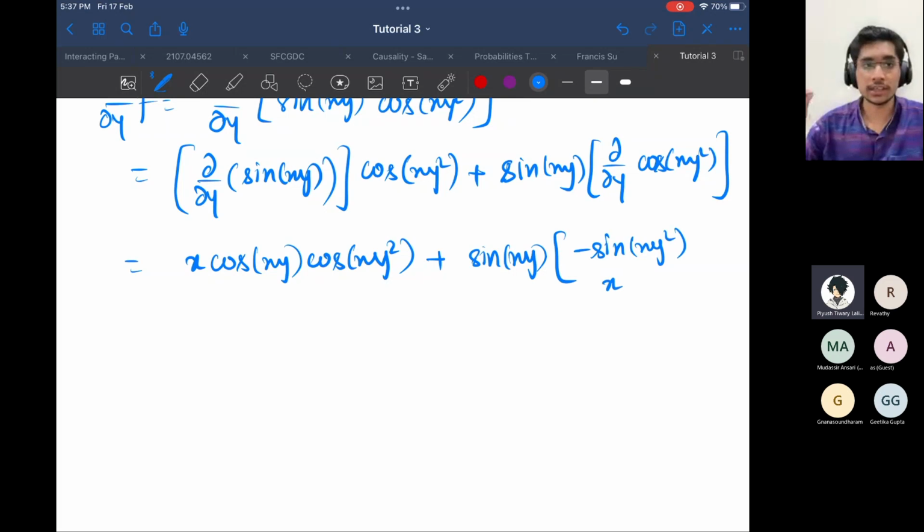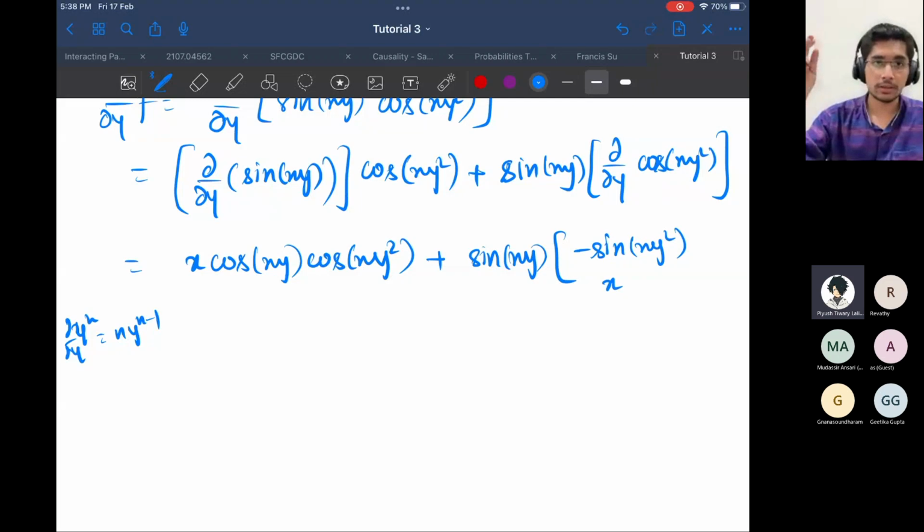Okay. So think of it as 2y square. I have to differentiate 2y square with respect to y. What will it be? I know that if I have some y raised to n, the differentiation with respect to y is what? N y raised to n minus 1. We know that thing. So if I have to again differentiate 2y square with respect to y, what will it be? 4y, right?